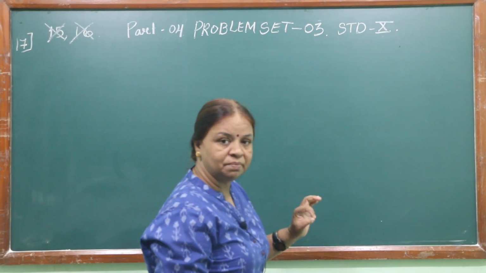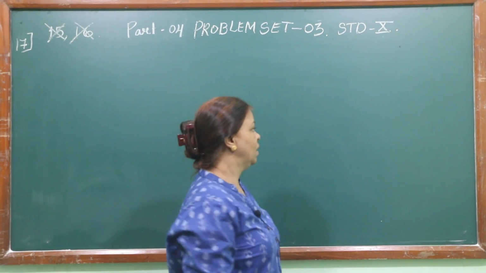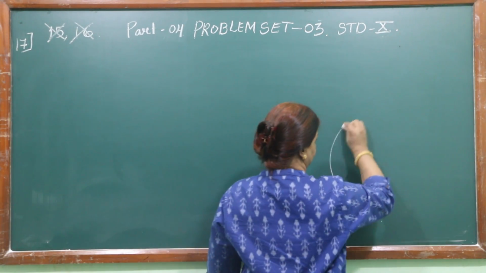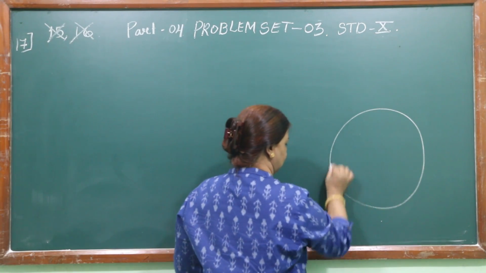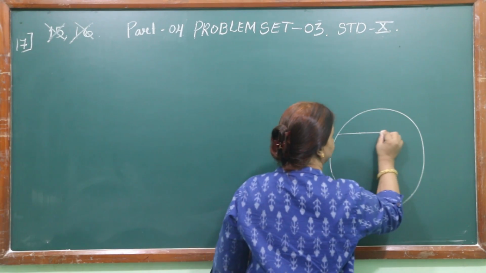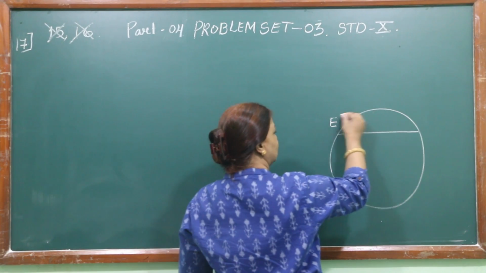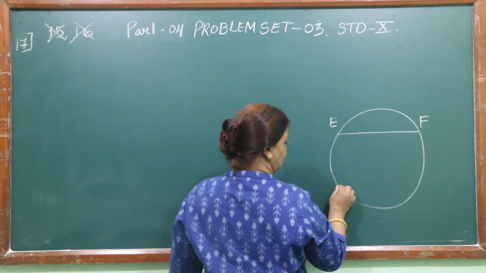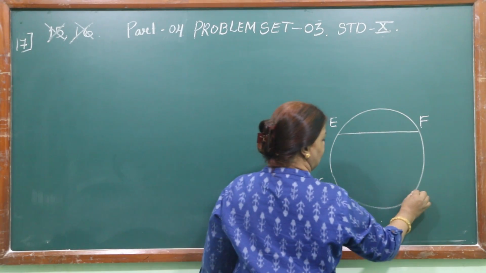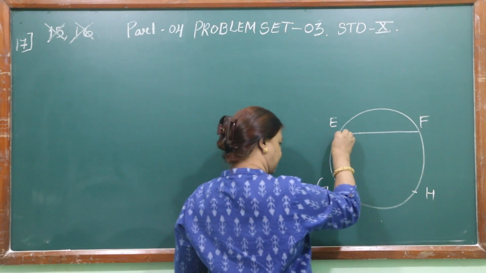What does the 17th sum say? It is an activity. There is a circle, and in the circle E, F, G and H points are there.